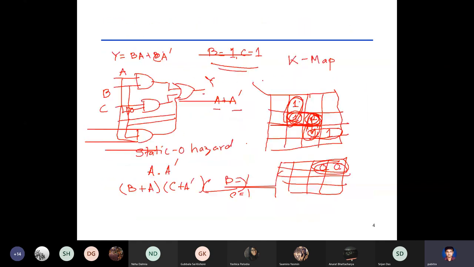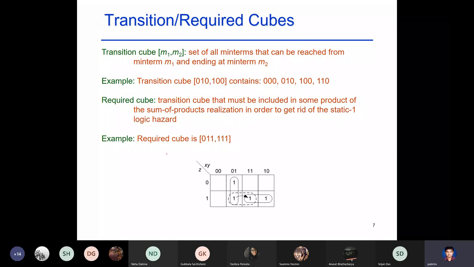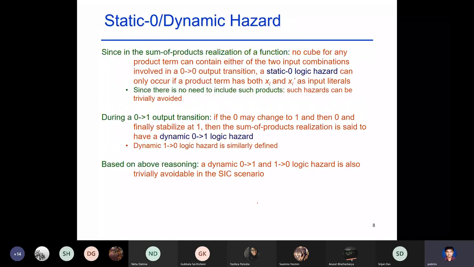As I explained here, these are required cubes. This redundant AND block is a required cube, which you need to avoid the hazard. This dashed line is a required cube. This is also the same thing we already discussed.